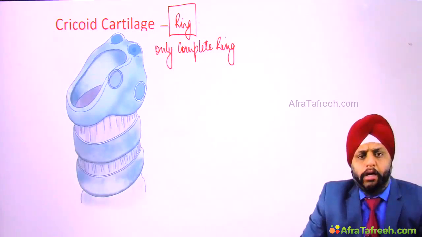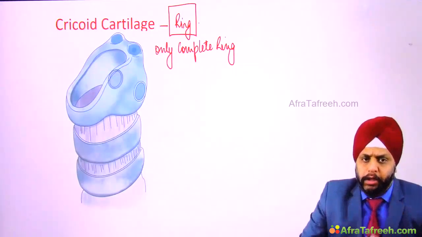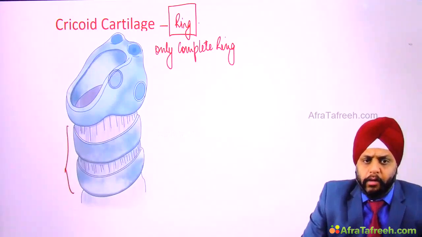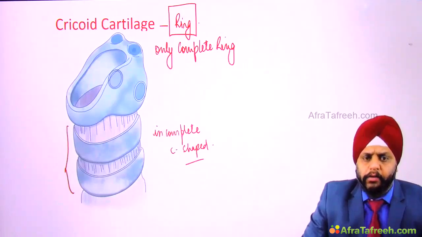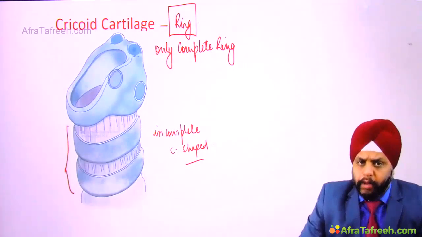Rest all the cartilages, suppose we saw the thyroid cartilage, it was open posteriorly, and then you can see the trachea over here. These cartilages are also incomplete C-shaped cartilages. All right, cricoid is the only complete ring of cartilage.